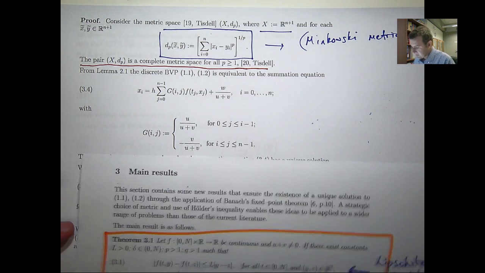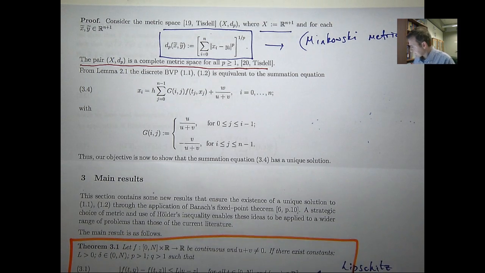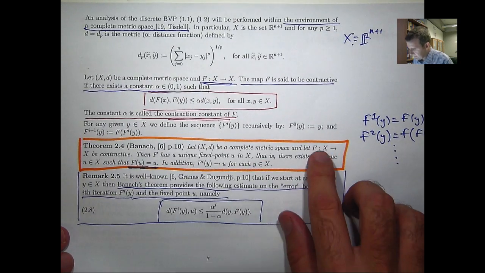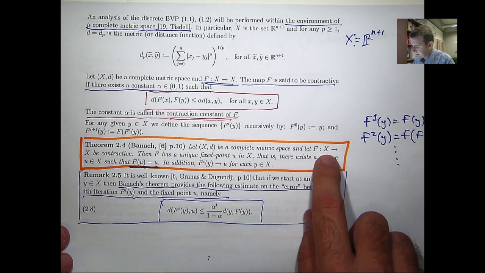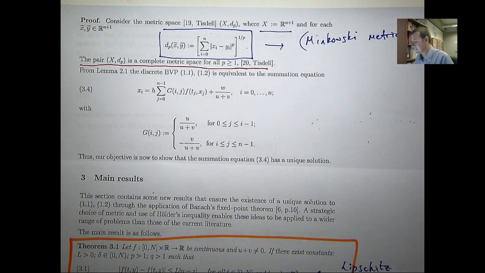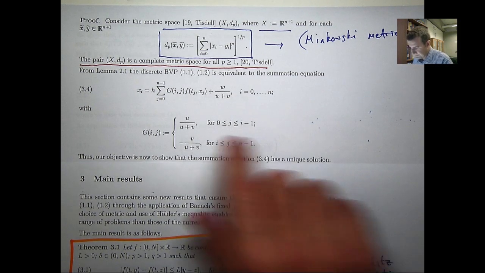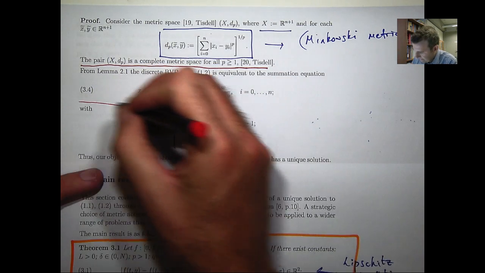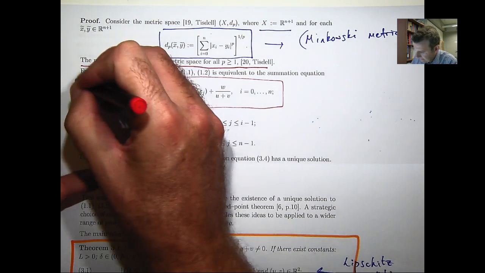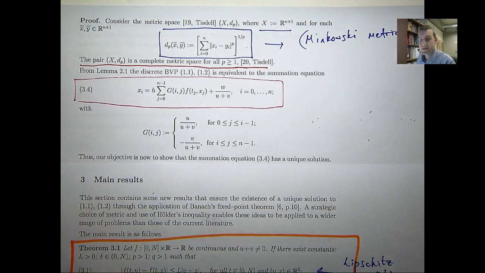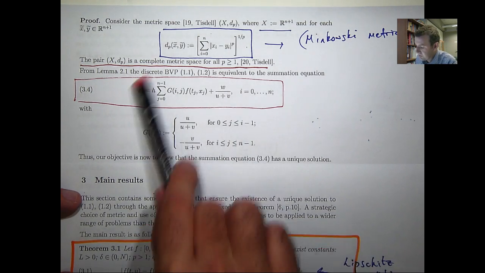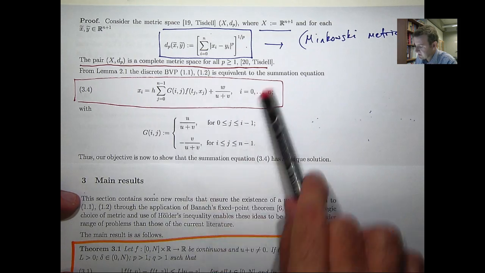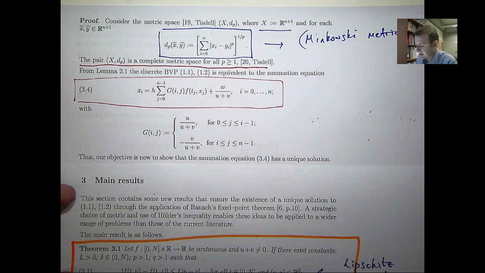Now the next thing we want to do is form some sort of operator that maps the set big X back into itself. Okay, so what we're going to do is rely on lemma 2.1, which says that the discrete boundary value problem 1.1, 1.2 is equivalent to this summation equation where g is the Green's function here.